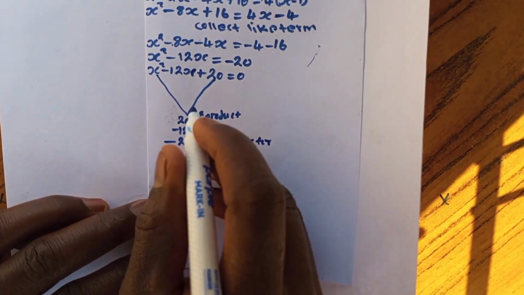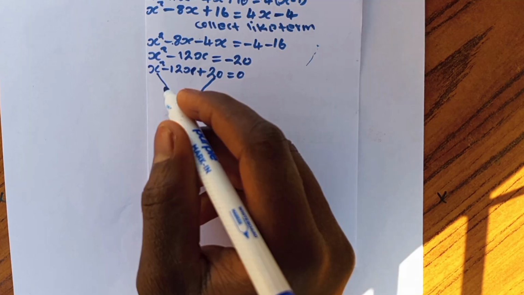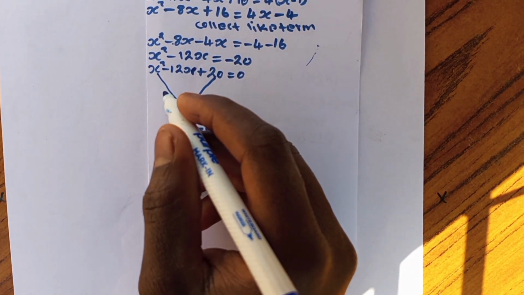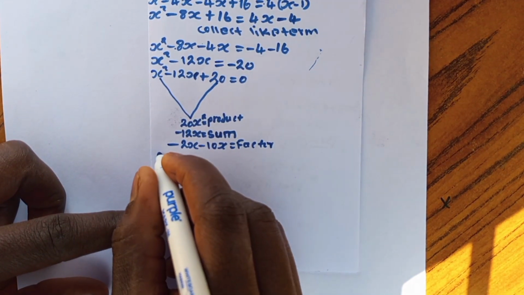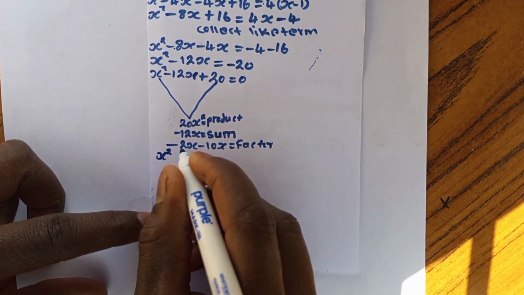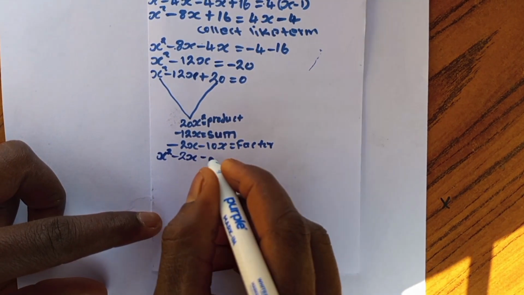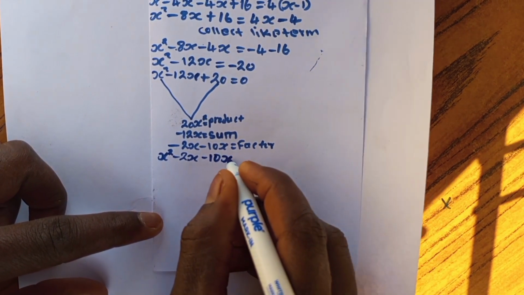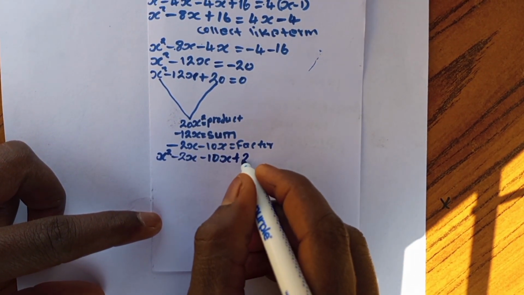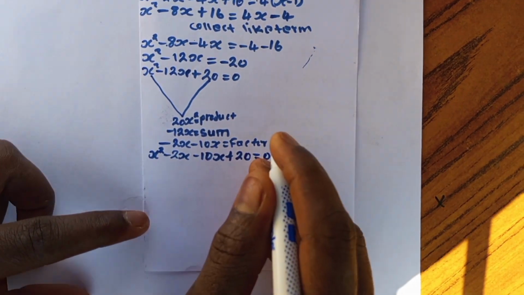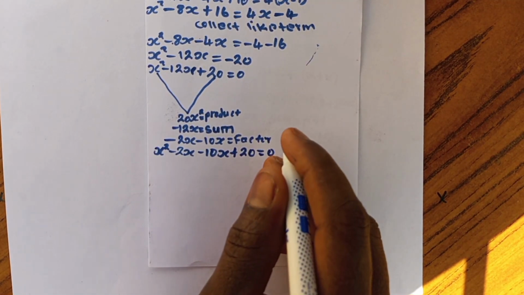What we are going to do, we are first going to take x square, this x. We take minus 2x, we take minus 10x, we take plus 20 equals to 0.